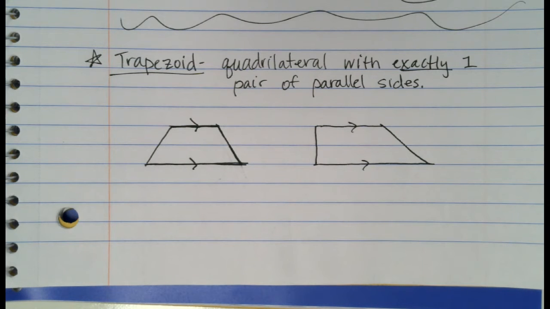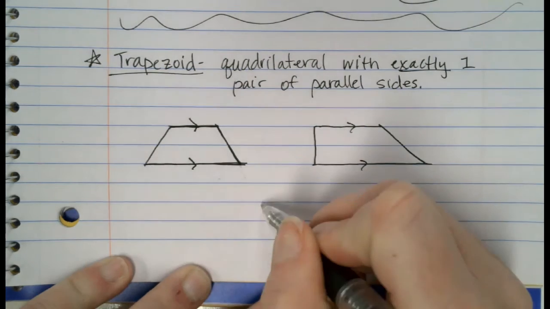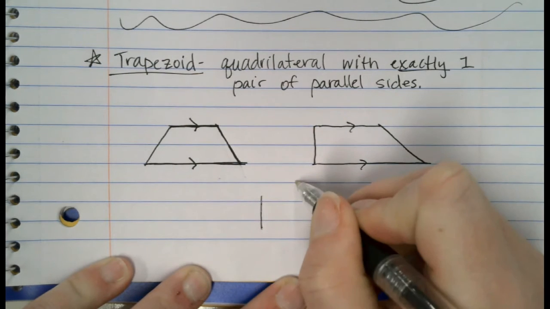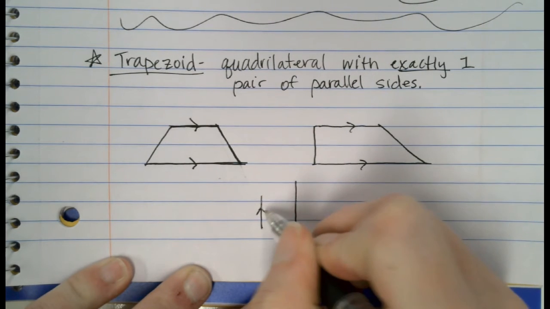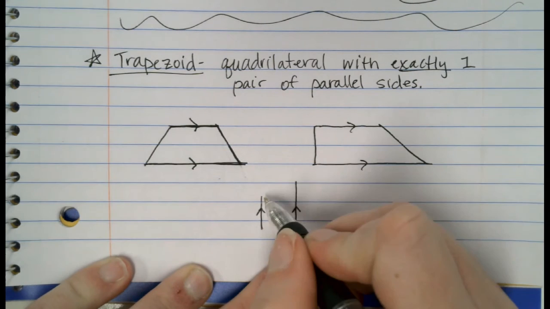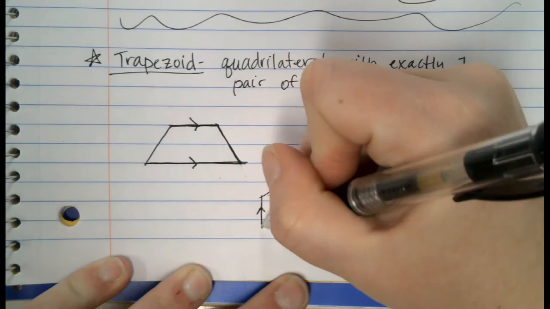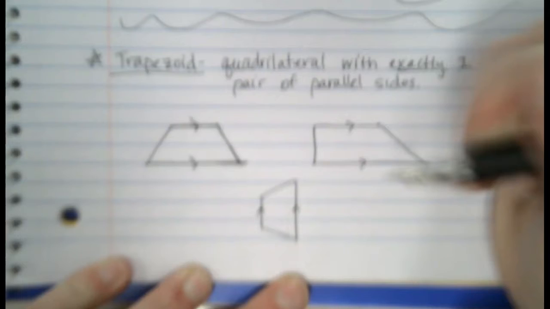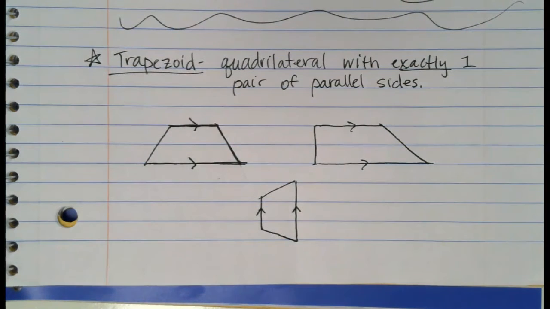Okay, I'm going to draw you one more. If you want to draw it, you can. I'm going to draw these parallel lines going up and down. Those are parallel, right? Okay, and then connect them. Alright, so there's three different looking trapezoids. All of them are trapezoids.